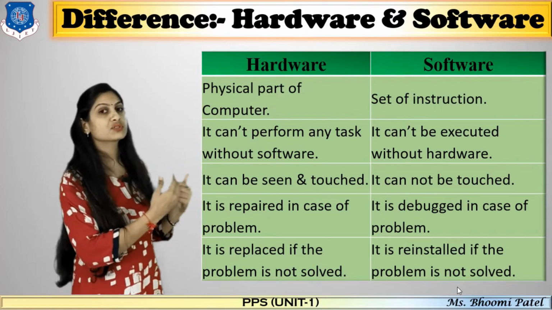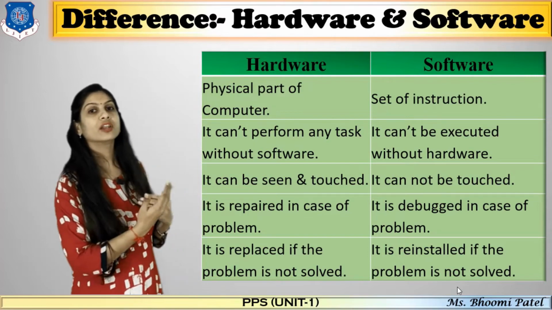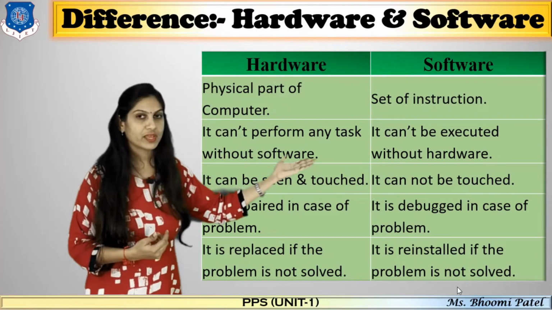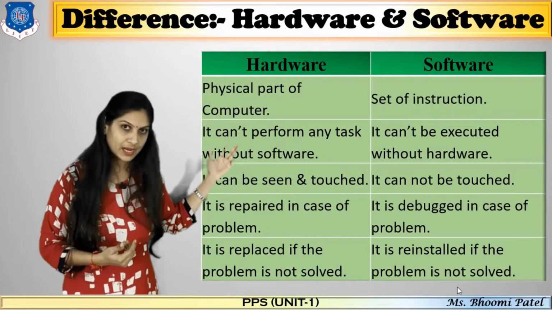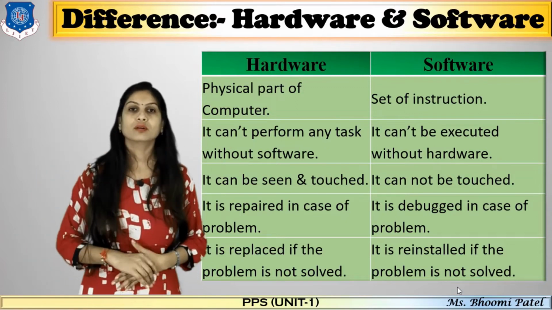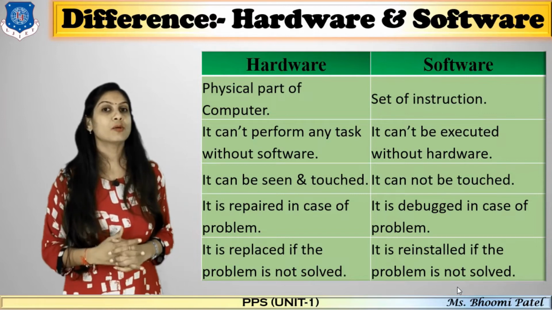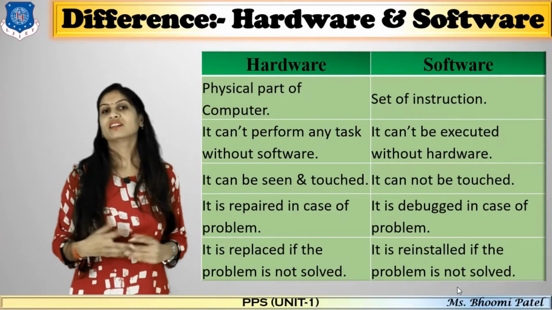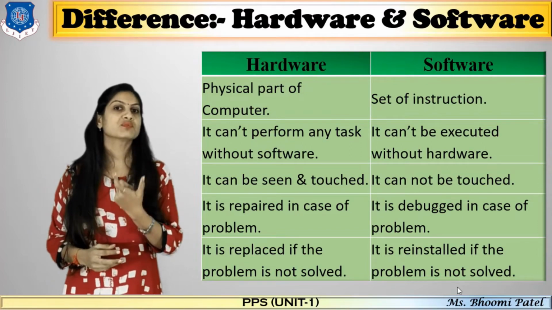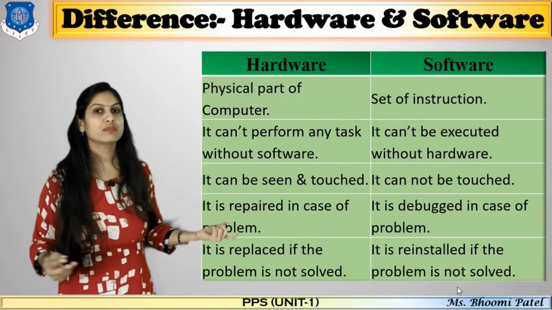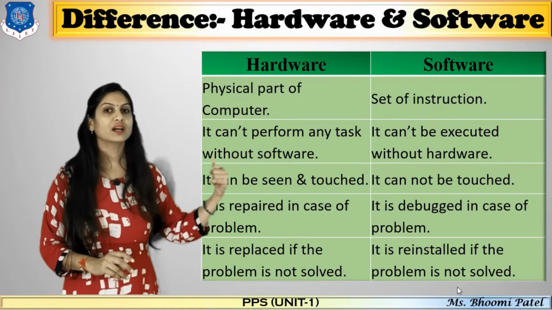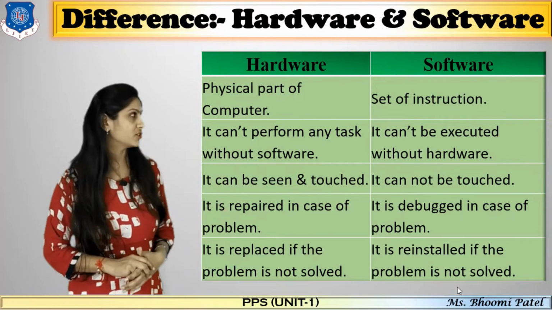So these two are dependent on each other. For example, you have all the devices of a computer but you have not installed any operating system, then obviously they are meaningless. The operating system is software, and keyboard, mouse and other things are our hardware. So these two are dependent on each other.